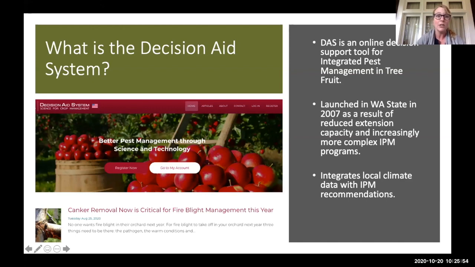Basically, Washington had looked at their industry and had seen the extension service being decreased over time and not being able to do as much one-on-one extension with tree fruit producers, as well as a real increase in the complexity of pest and disease issues that were seen on farms and in the spray programs that were required to manage both resistance in pests and diseases, as well as the changes.